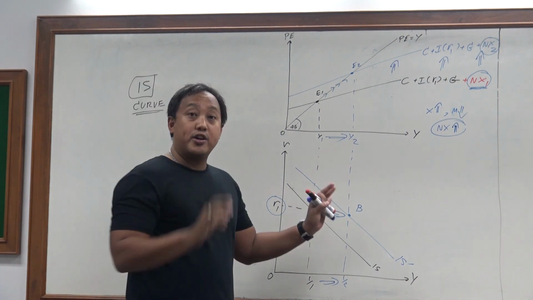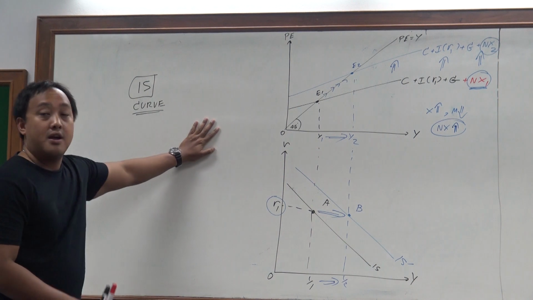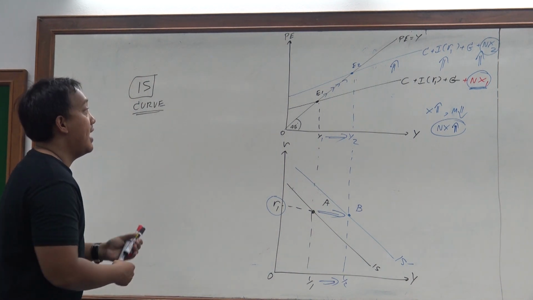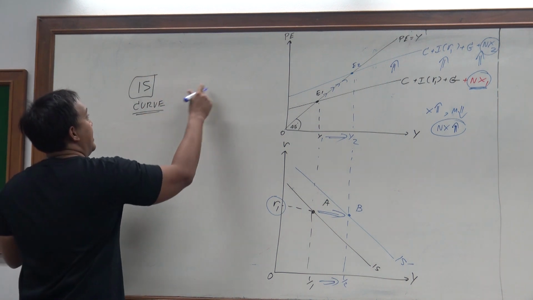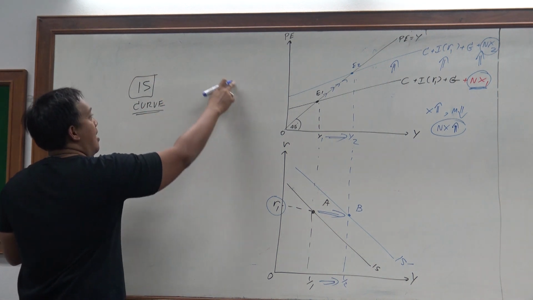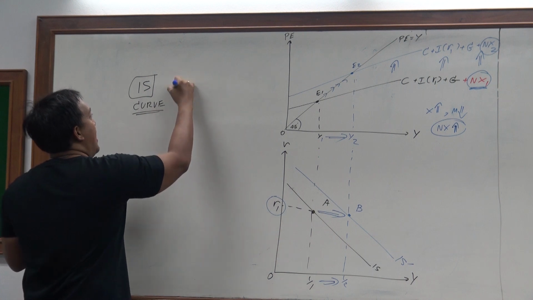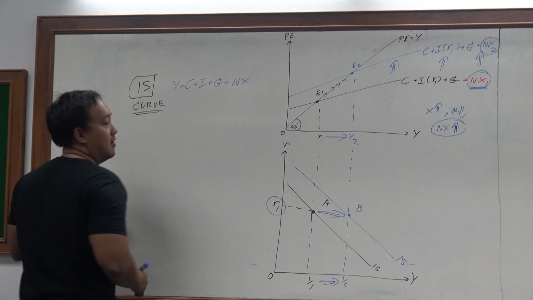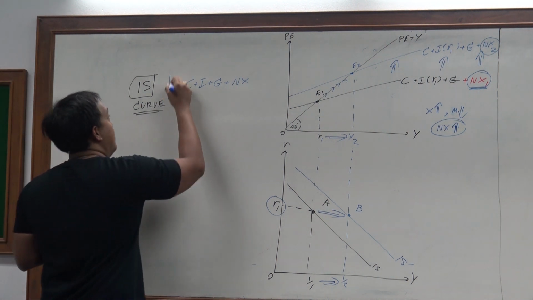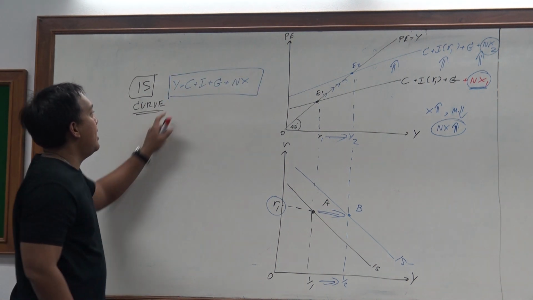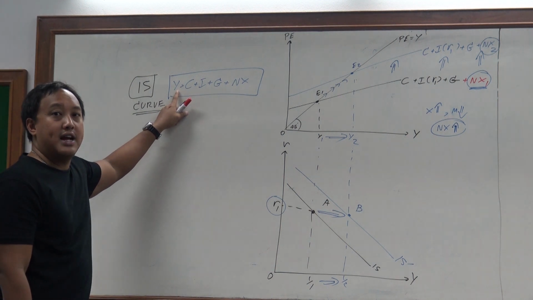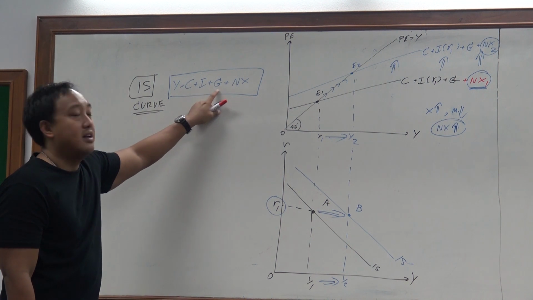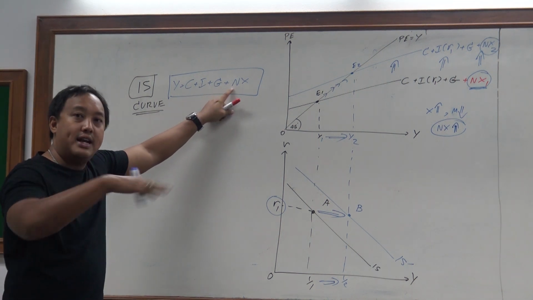So for conclusion, the IS curve represents the equilibrium in the output market, or Y equals C plus I plus G plus NX. The IS curve represents this equation. The total output is going to go to consumption, investment, government spending, or net export.